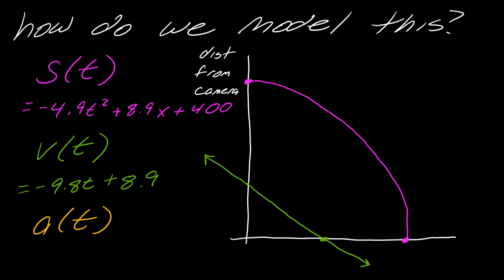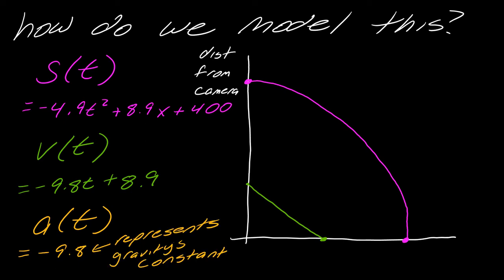Okay, so now let's think about the acceleration. Now, like I said, I was not actually hitting the acceleration in this. I was just letting gravity do its thing. And what's interesting about this is if I take the derivative of this, I get just negative 9.8. So what this negative 9.8 represents is the constant for gravity in meters.